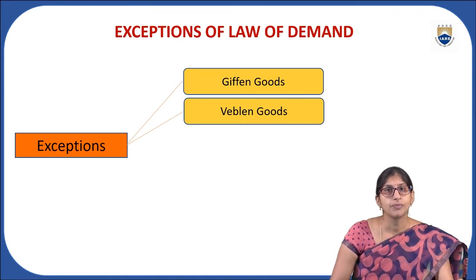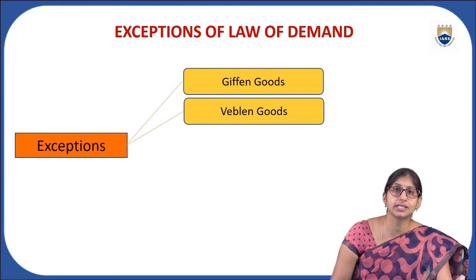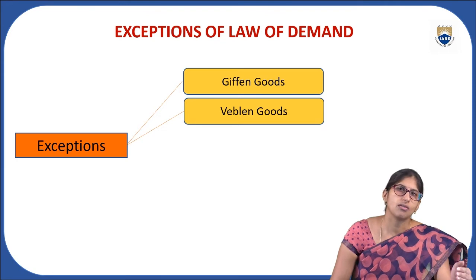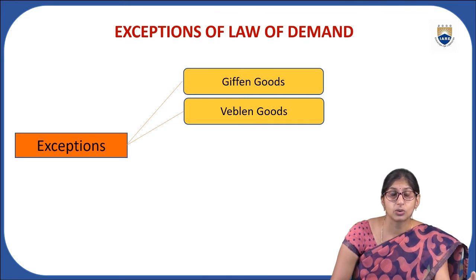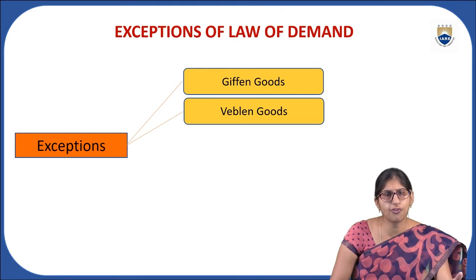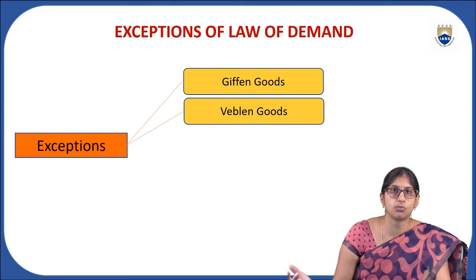So what is this Veblen? Veblen goods, as I told, are prestigious goods. For rich people, prestige definitely matters a lot, right? Prestigious goods can be like diamonds, gold, all such goods. They don't look at the price change of gold, whether the price is coming down or moving up.